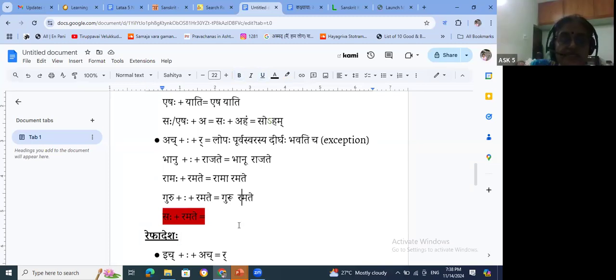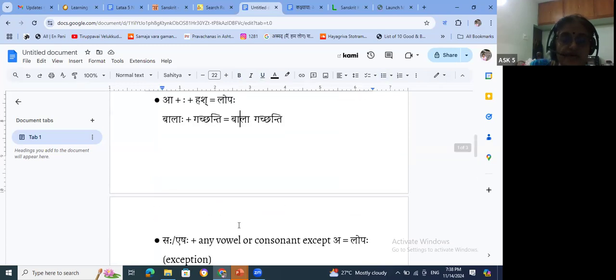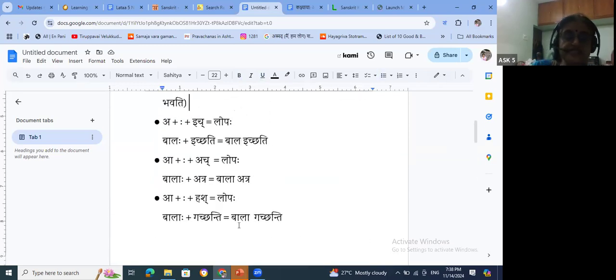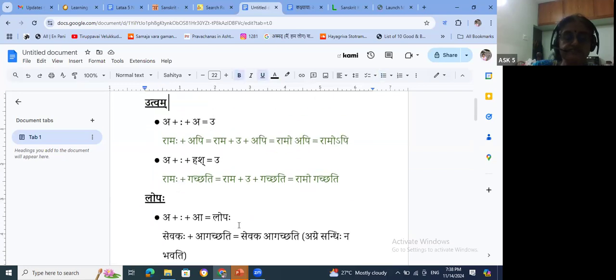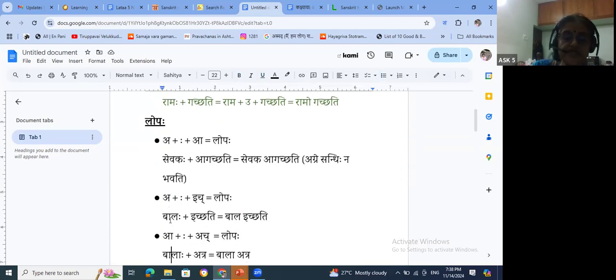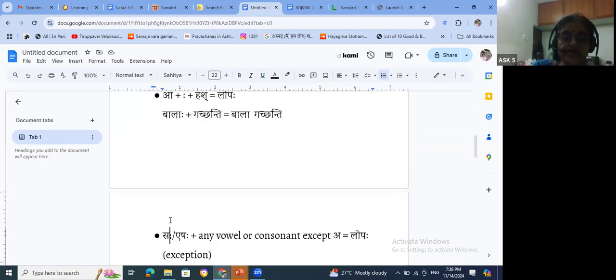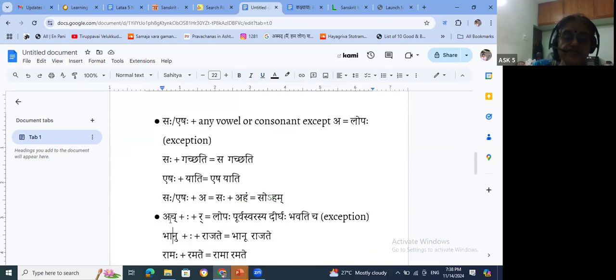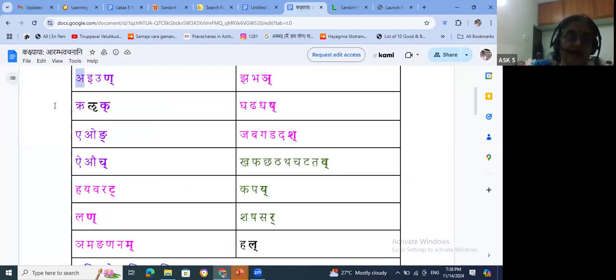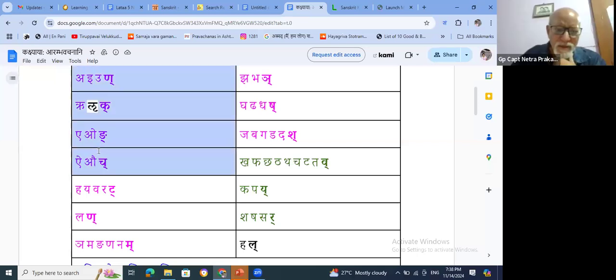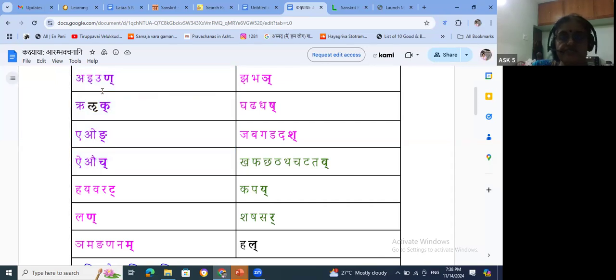Now what is remaining on the left side? On the left side, we finished all Rasva, then Dirgha, and Saha Yeshaha is the exception. What is remaining? E and others, let's call that Ich.